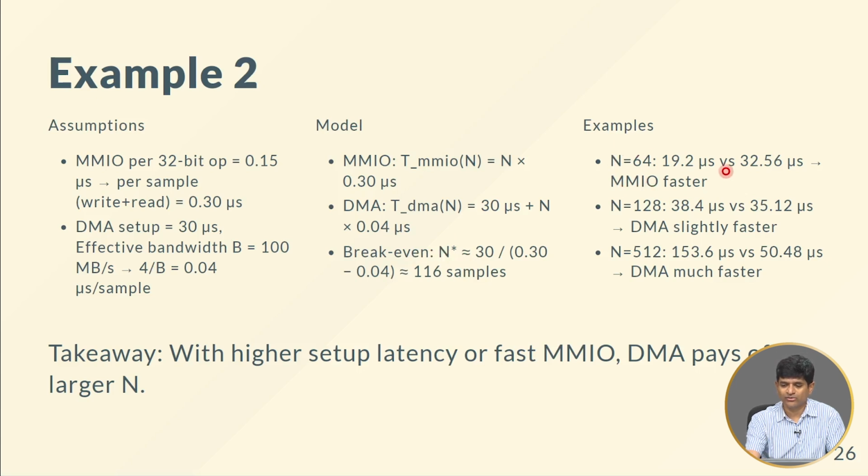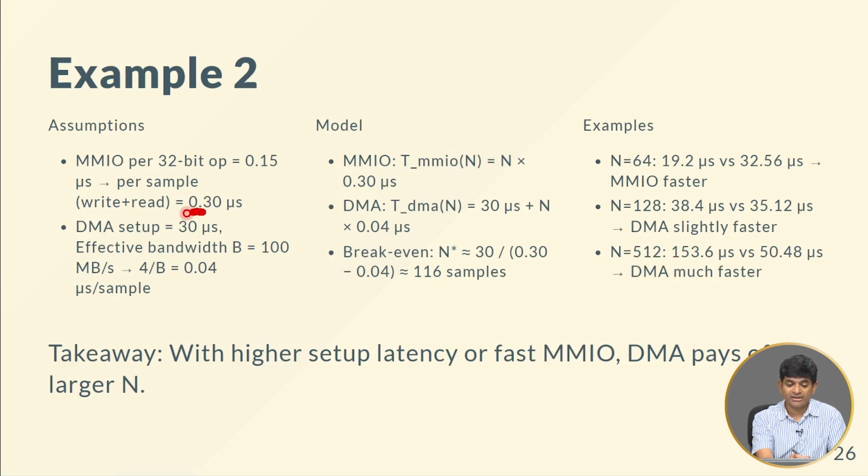For n equal to 64, MMIO is faster, at 128, DMA is slightly faster. By the time you hit 512, the DMA is like 3 times as fast, and it's only going to get better from there. So if I want to transfer a few kilowords, then no question about it, the DMA is obviously going to be much better.